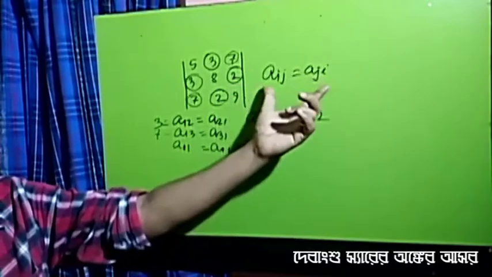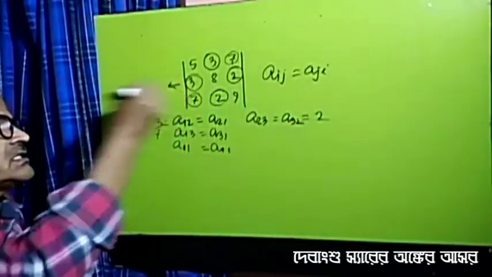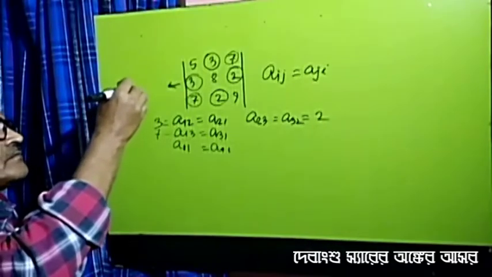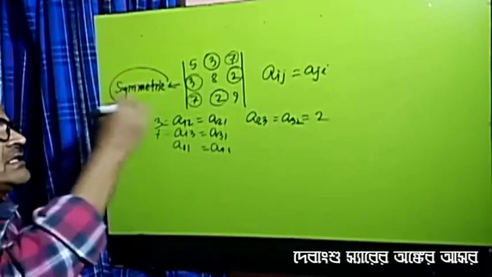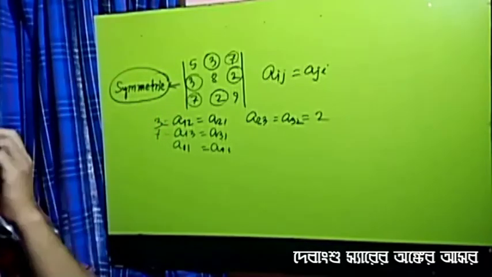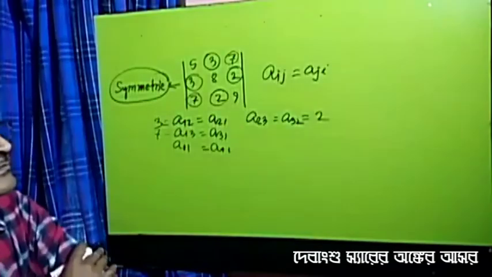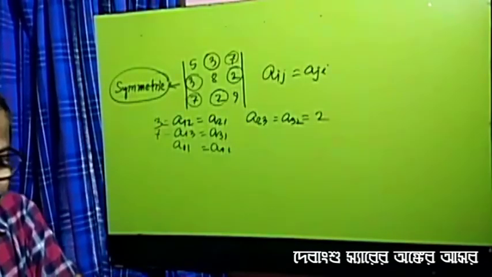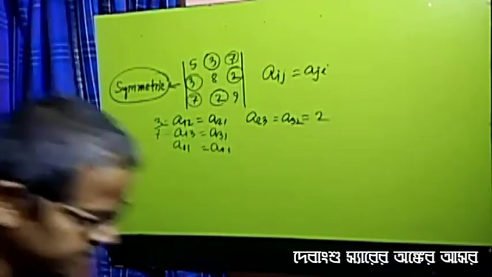If any determinant possesses this property, then it is called a symmetric determinant. Clear? Very easy. Symmetric determinant.